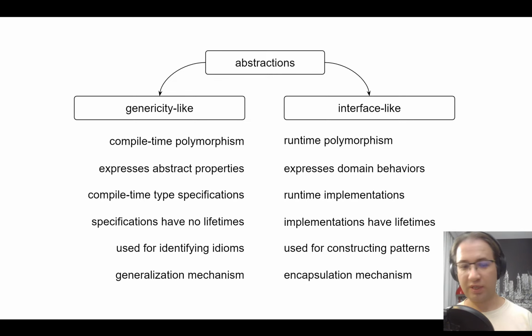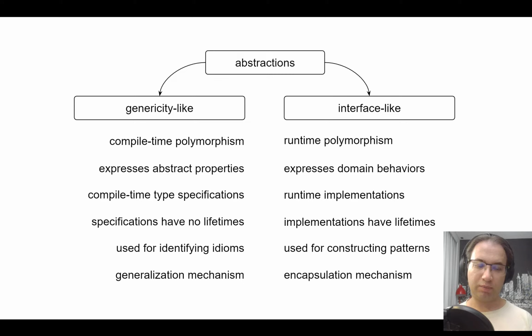Well, except in very difficult cases, when we make them present at runtime, which is mind-blowing programming, for example with dependent types, and we will not touch that. This division is very clear, but there are things on the edges of both interface-like and genericity-like abstractions.